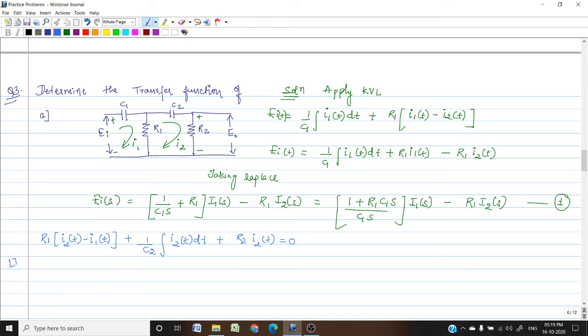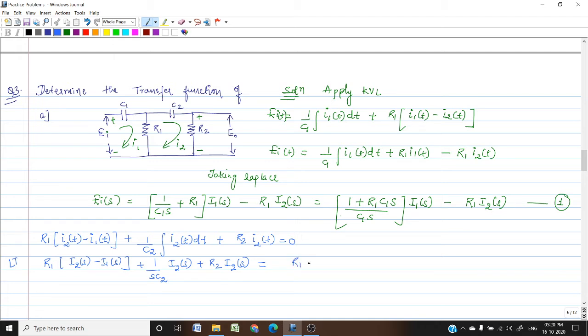So Laplace transform, then I'll get R1 (I2 of S minus I1 of S) plus 1 by S C2 I2 of S plus R2 I2 of S is equal to, I'll take all I2 terms one side.